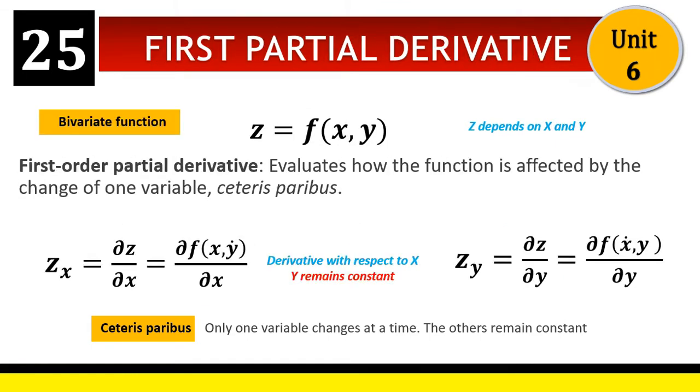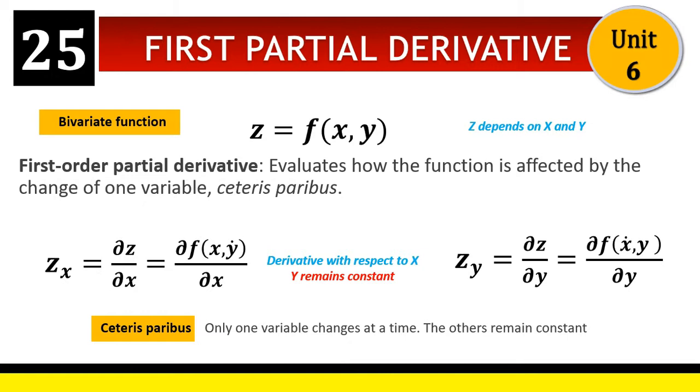To understand this concept, let's assume that the function z only depends on two variables, x and y. This is known as a bivariate function. In the previous units, we learned how to take the first order derivative for a univariate function.